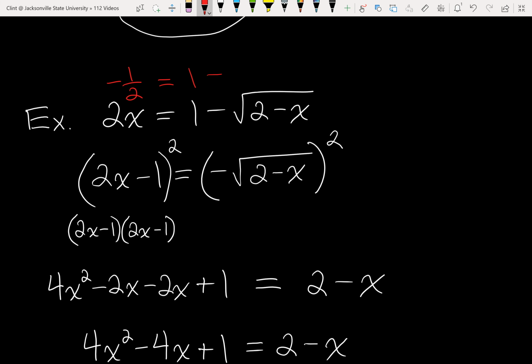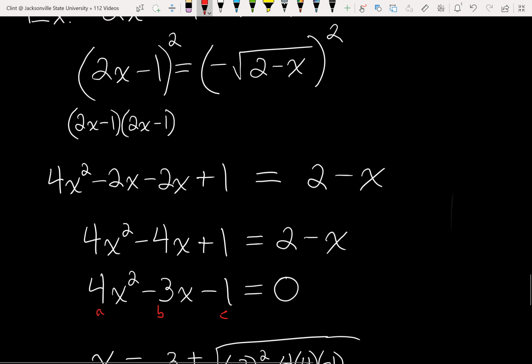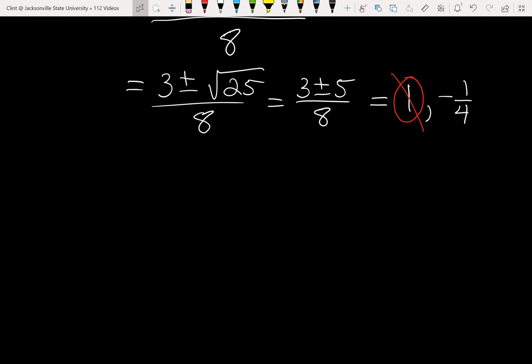And the square root of 9/4 is 3 over 2. So 1 minus 3 over 2 is negative 1/2. So we get negative 1/2 equals negative 1/2 when we punch that in. So that works.